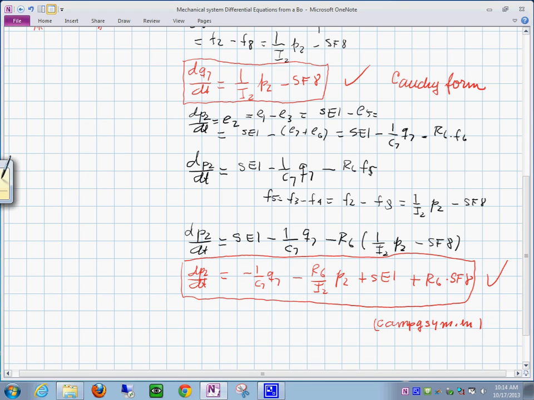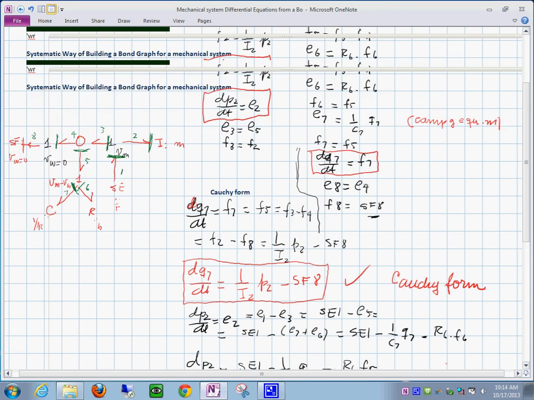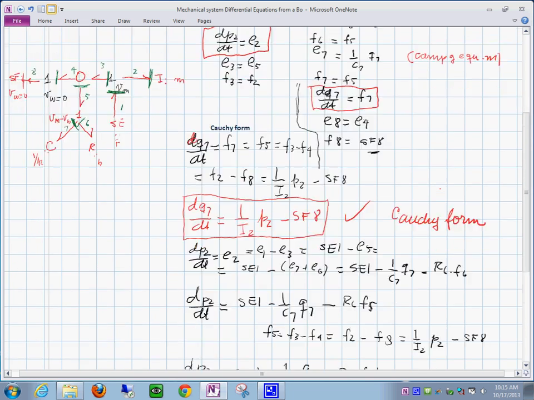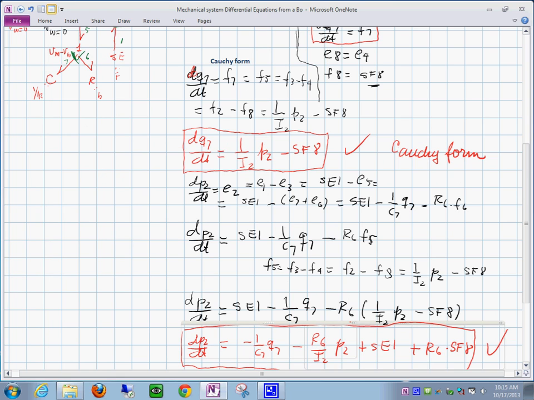We can see that in a demo in the future, but my point here was how we go from this bond graph to the individual constitutive equations, which in fact are an entire system of equations perfectly fine for simulation, to two expressions in the Cauchy form, which would be the simplified equations of the system.